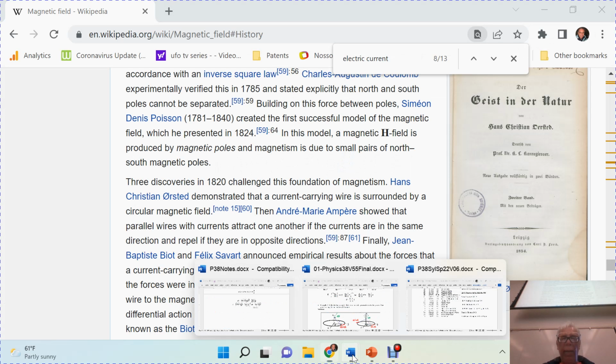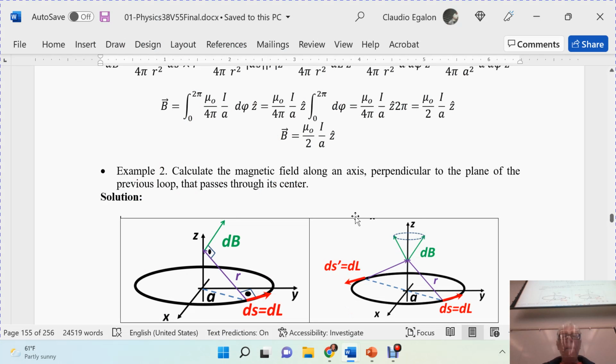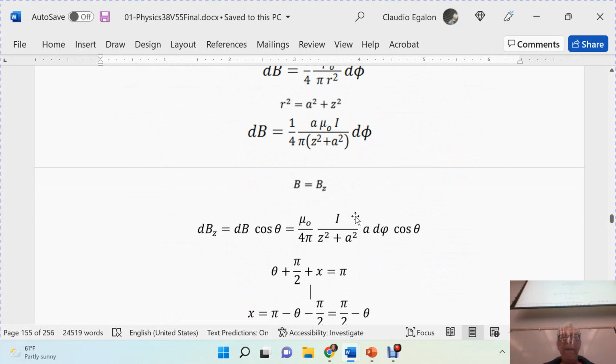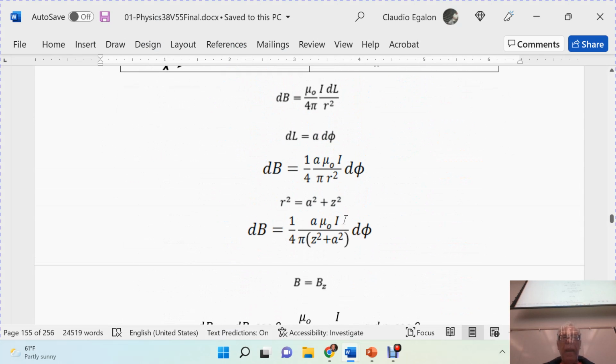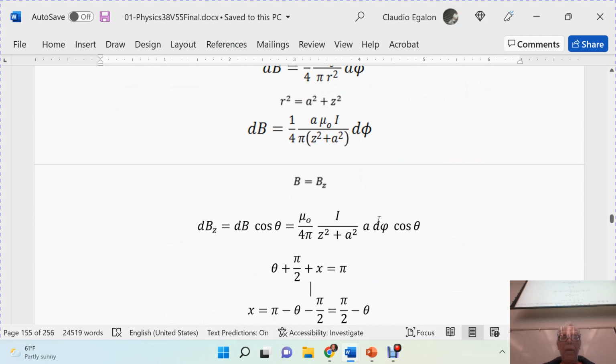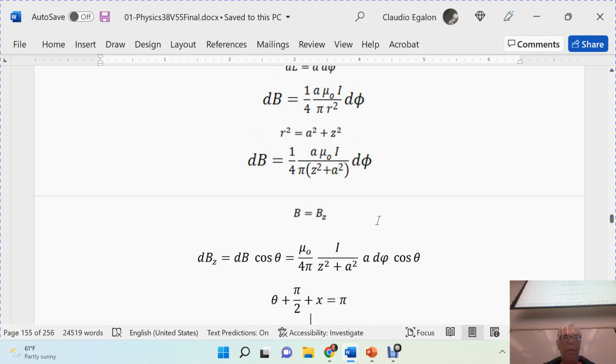Let's take a look at the solution. Yeah, r square, I use the phi.